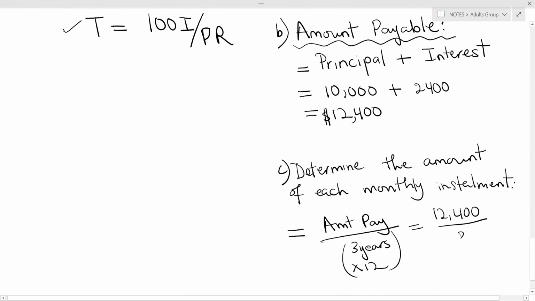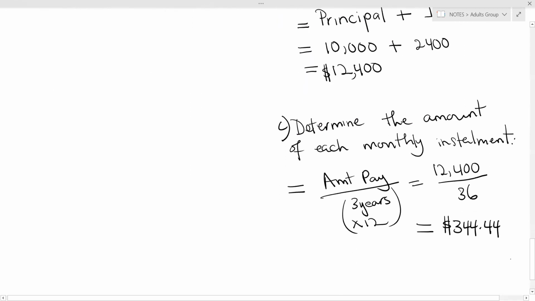So that's going to be 36 months. And therefore, we will be paying $344.44 per month.